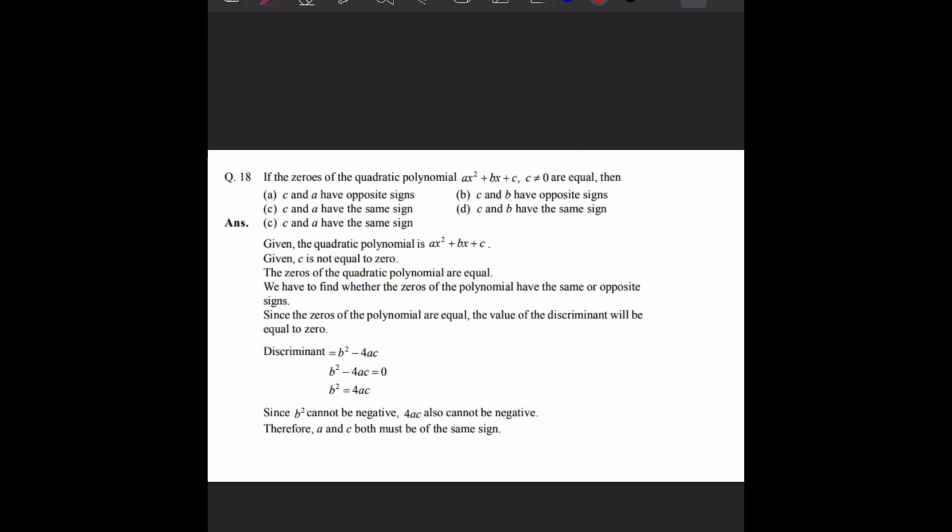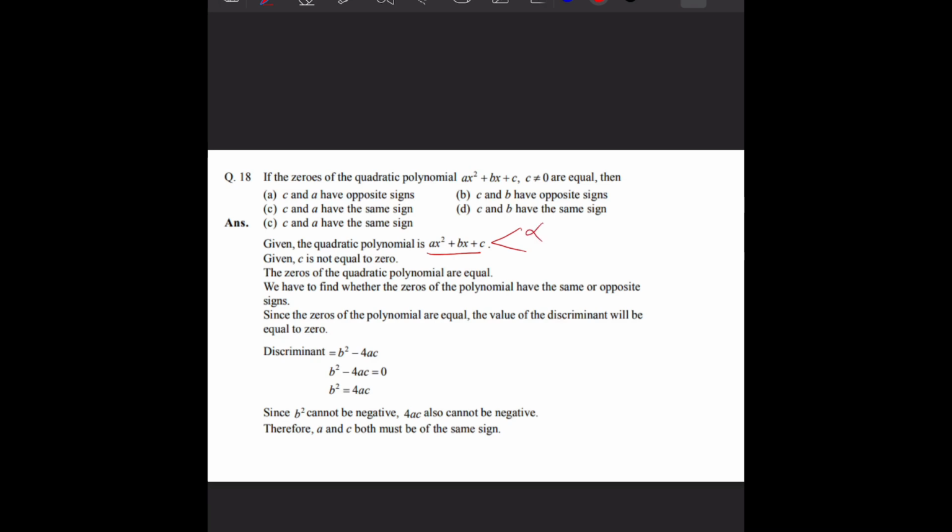Question number 18. If the zeros of the quadratic polynomial ax square plus bx plus c are equal. If the zeros are equal, then this is a very tricky question, and a very good question. If the zeros are equal, it means any quadratic polynomial has two zeros.